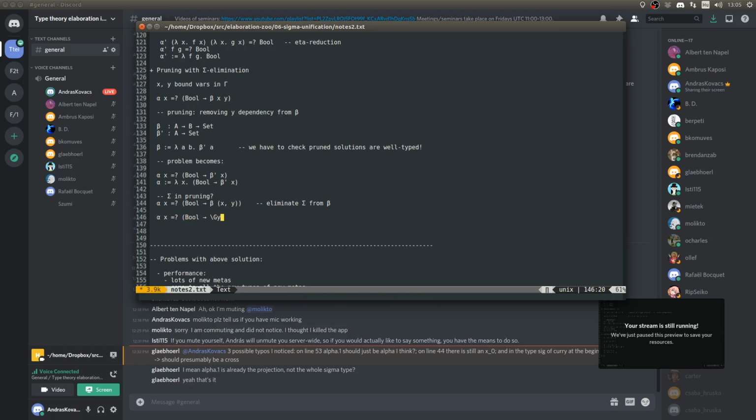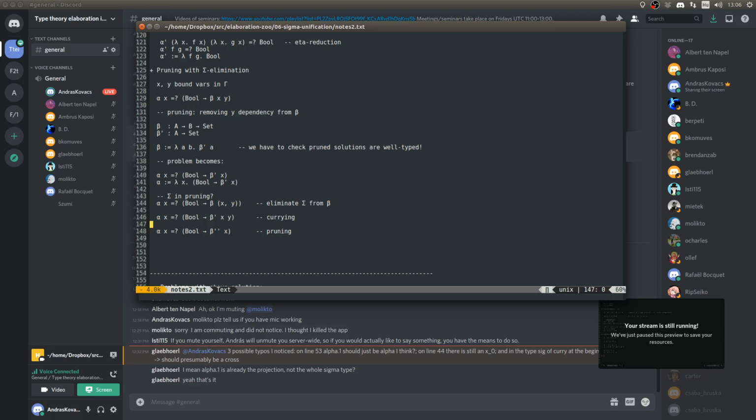I get some beta. First I get the beta prime x y after I do this currying on beta, and then I get the bool arrow beta prime x after doing this currying, and this is after pruning.